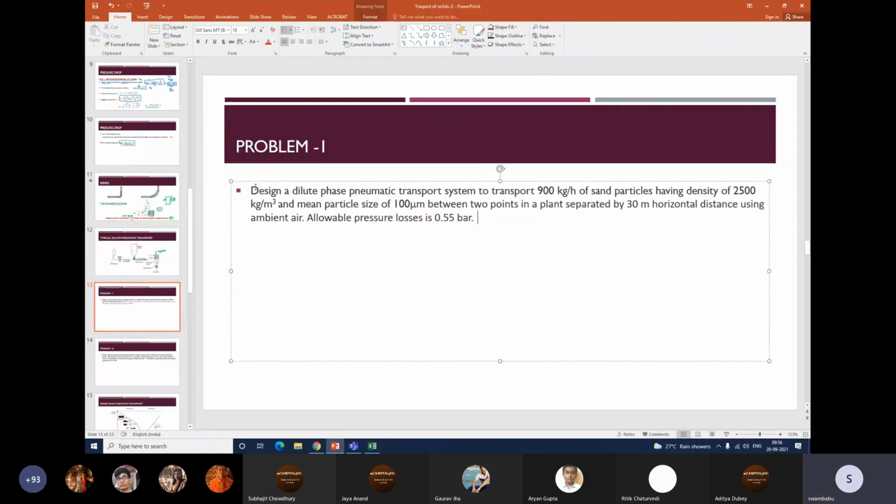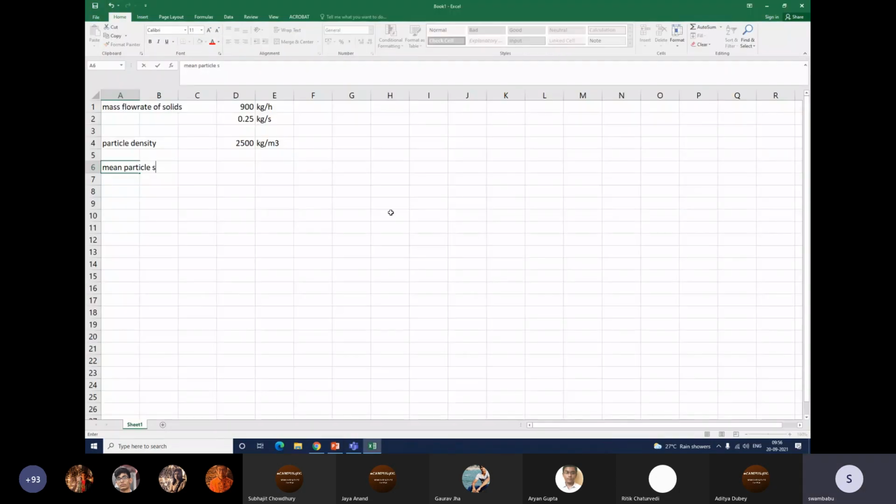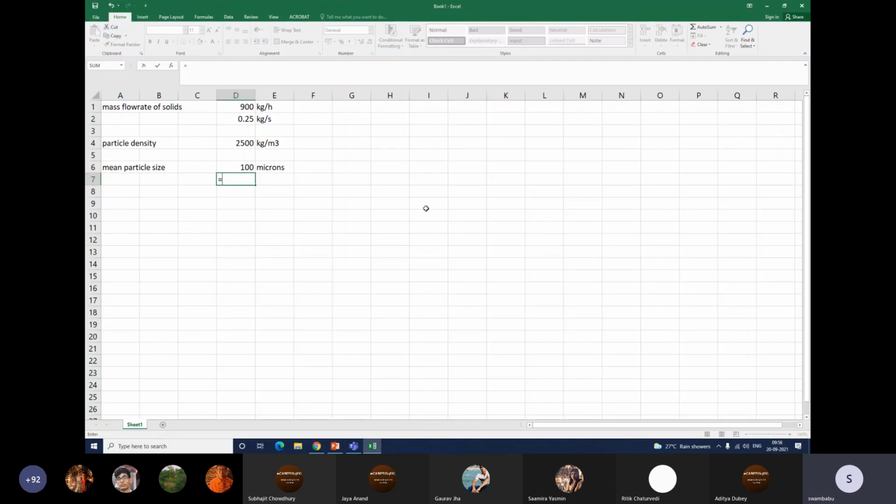Then whatever information is given, the mean particle size is 100 microns. Units we use are meters. So 100 microns, 100 micrometers: 1 meter equals 10 to the power of 6 microns, so I have to divide by 10 to the power of 6, 1e6.